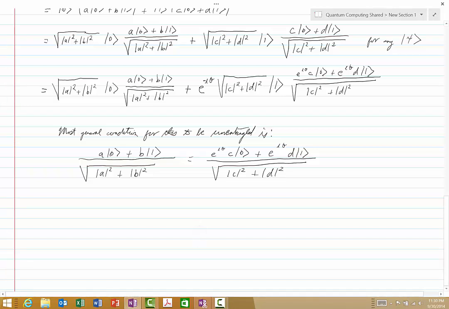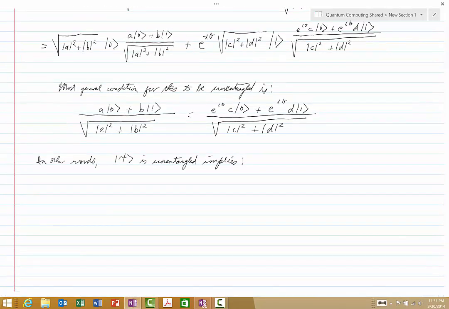So in other words, C is unentangled implies, if we take the magnitude of the terms on each side, multiplying the zero ket, we get magnitude of a squared over magnitude of a squared plus magnitude of b squared.